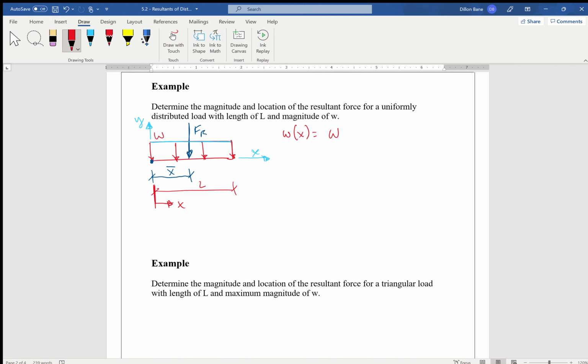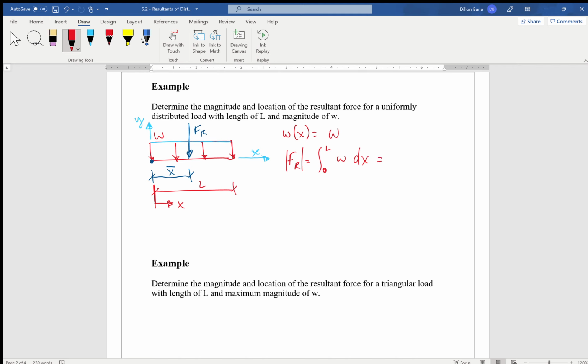So if we integrate W of x to get the magnitude of the load, the magnitude of FR is the integral from 0 to LW, which in this case is just L, the length of the load. So 0 to L of W of x, which this time is just W, dx.